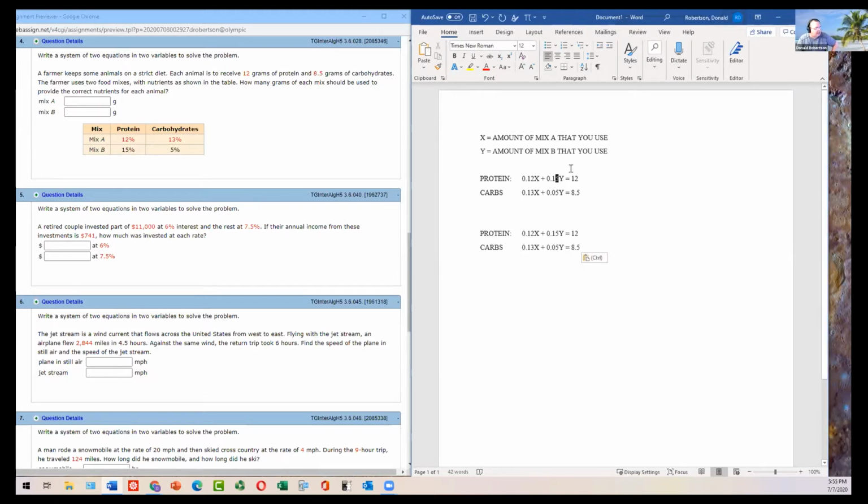Couldn't I multiply everybody in that top equation by 100? Now, if I did this, that guy would just simply turn into 12. This guy would turn into 15. And this guy would just get a couple of zeros added.